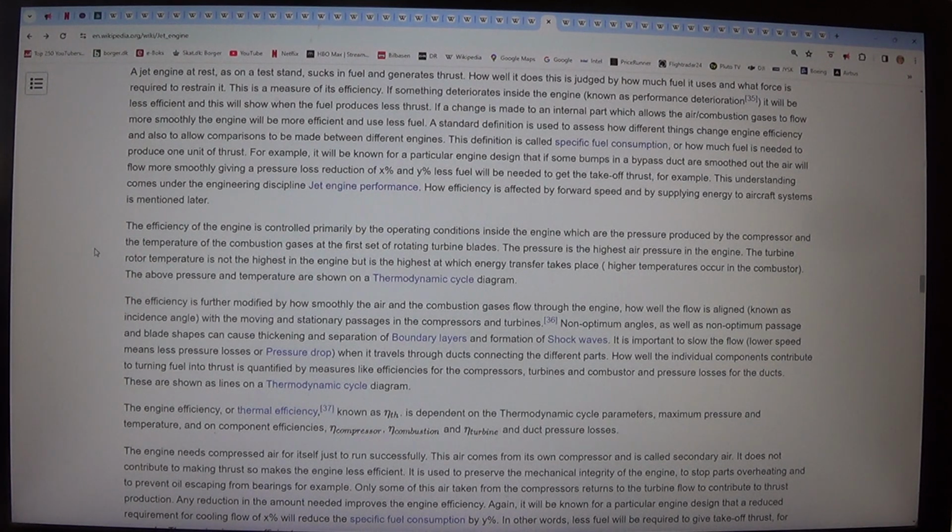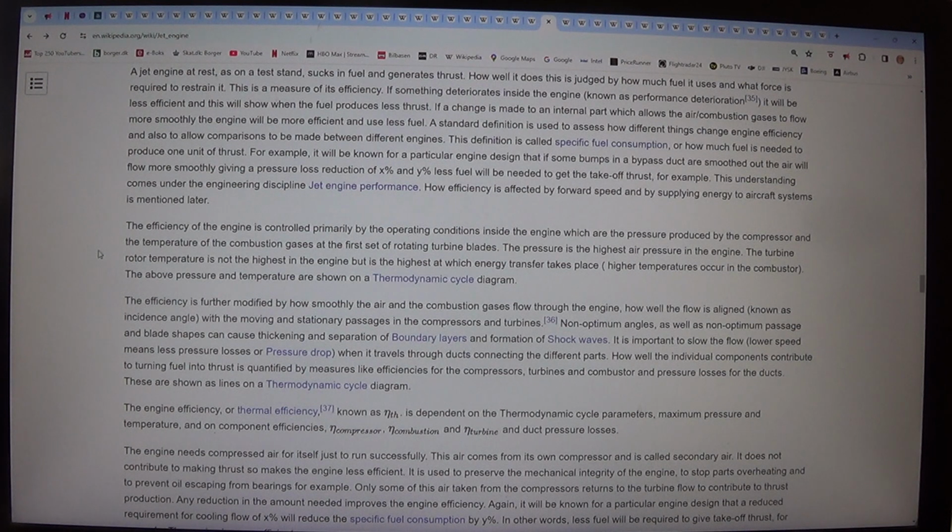A standard definition is used to assess how different things change engine efficiency and also to allow comparisons to be made between different engines. This definition is called specific fuel consumption, or how much fuel is needed to produce 1 unit of thrust.